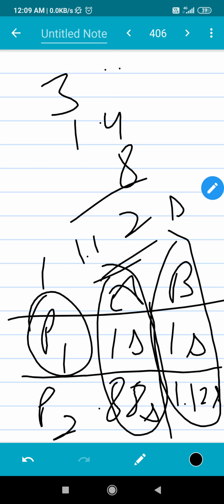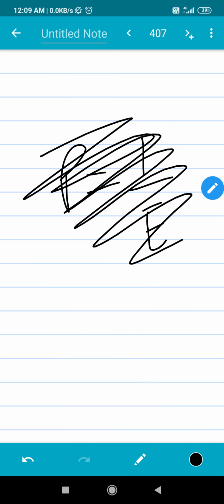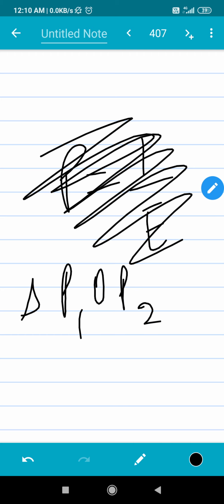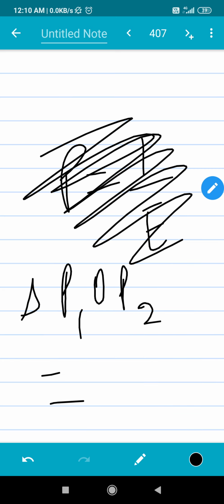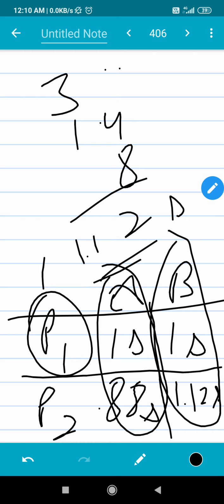the speedup. So speedup of P1 over P2 is what? Performance of one is basically 1 over execution time, but that's not the idea. We just should know the inverse relation and then we calculate the speedup. Speedup is more important.